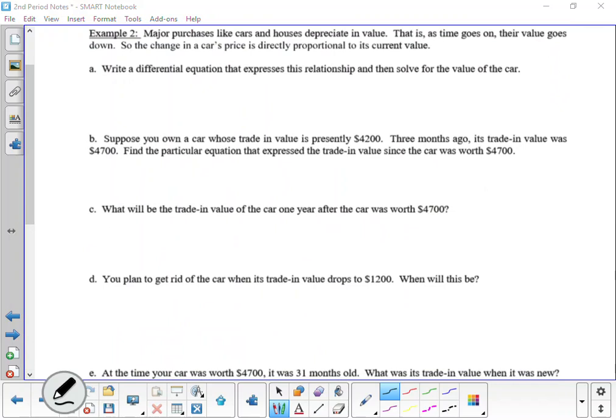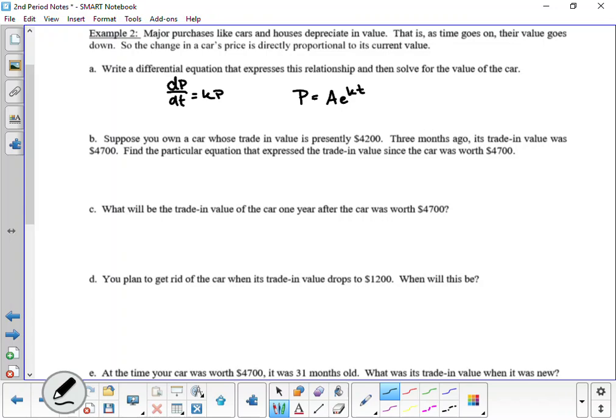All right, so let's see. What did you get for A? Did you get dP/dt equals kP? Okay, which means that you can automatically go to P equals A e to the kt.